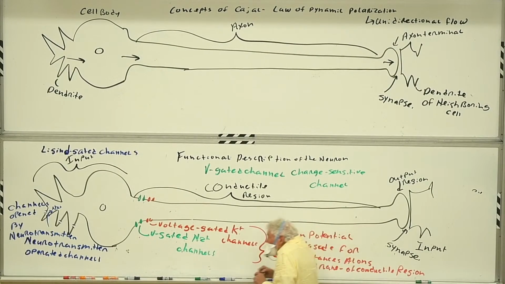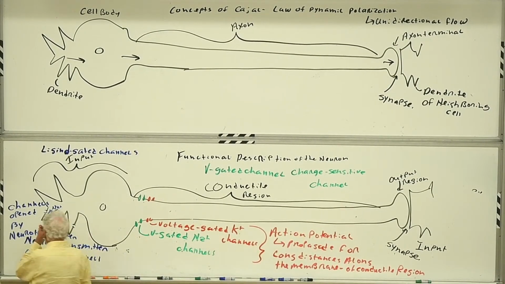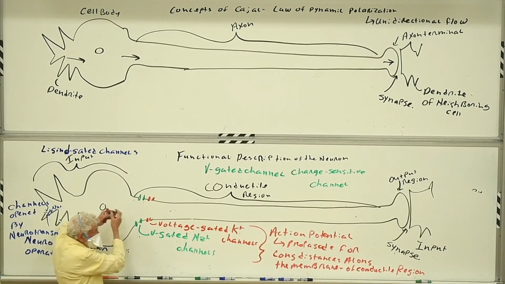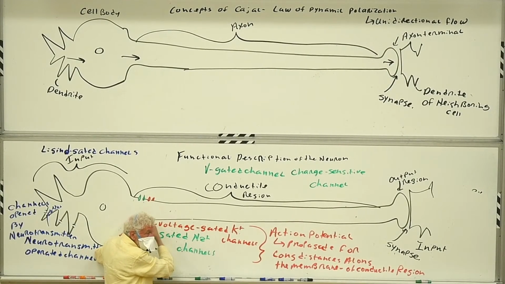So again, the input region gets its name because it's receiving input in the form of neurotransmitter from neighboring cells. The conductile region gets its name because it is propagating or carrying electrical signals, conducting them over long distances.